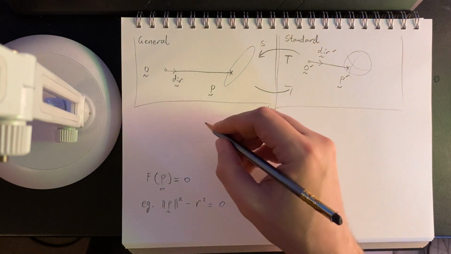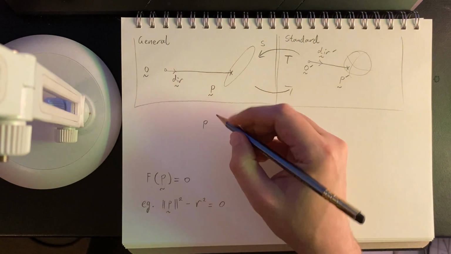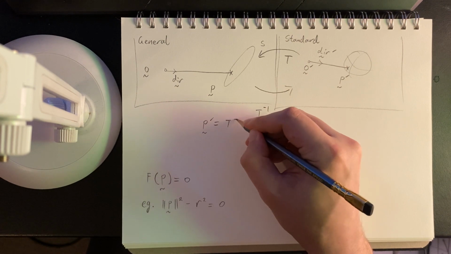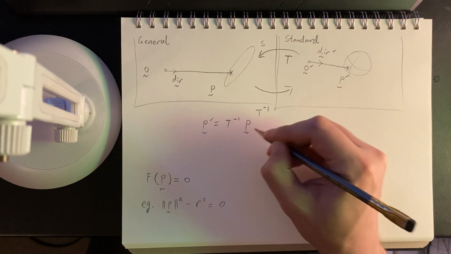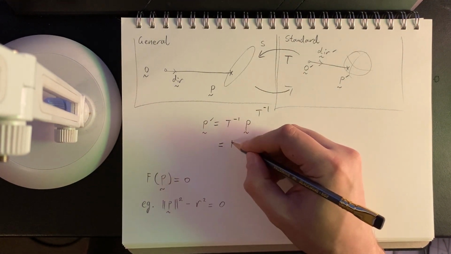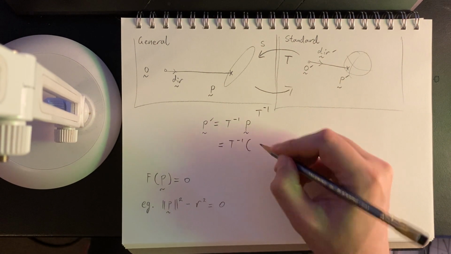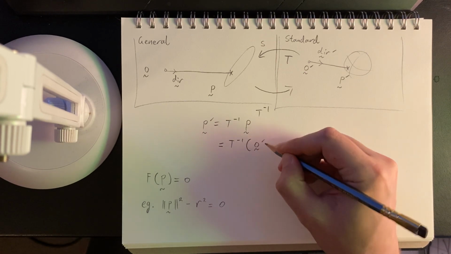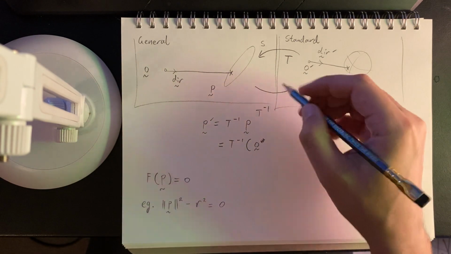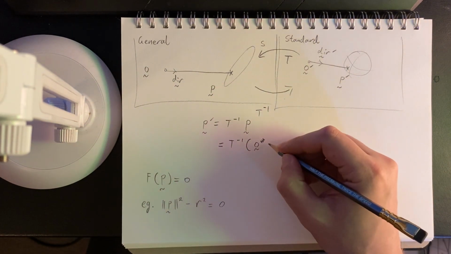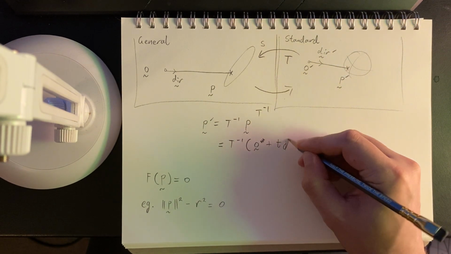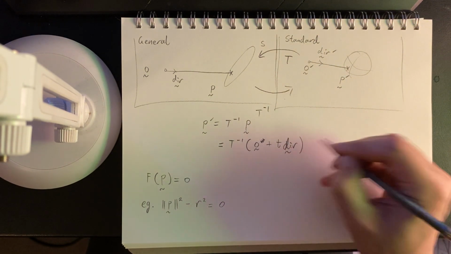And we have the relationship that P dash is T inverse times P. And we know that the point P will be the origin, we're mapping from here to here, so it's the origin plus t times the direction.